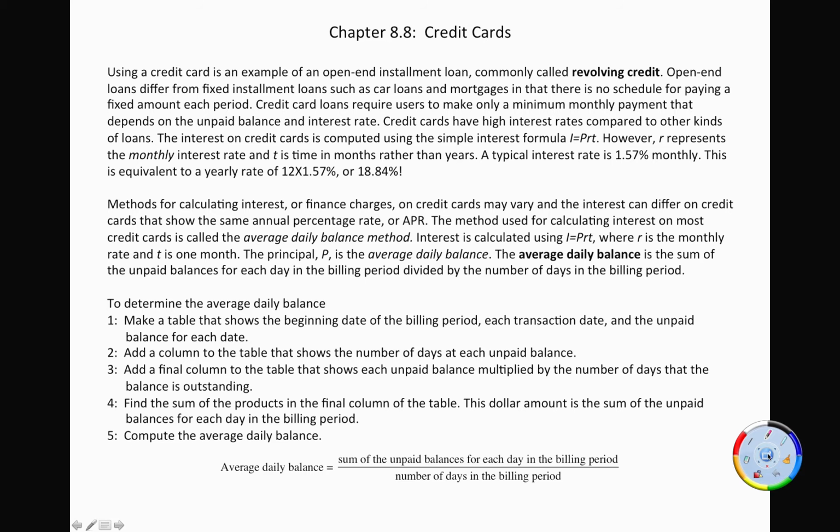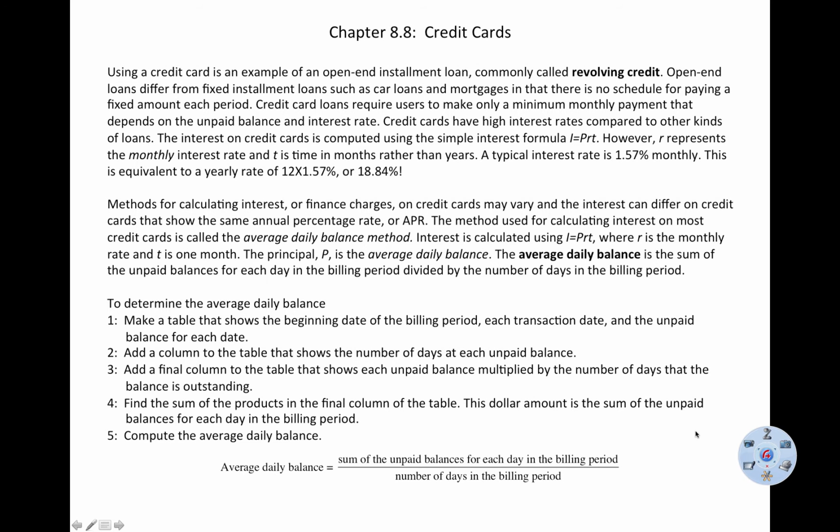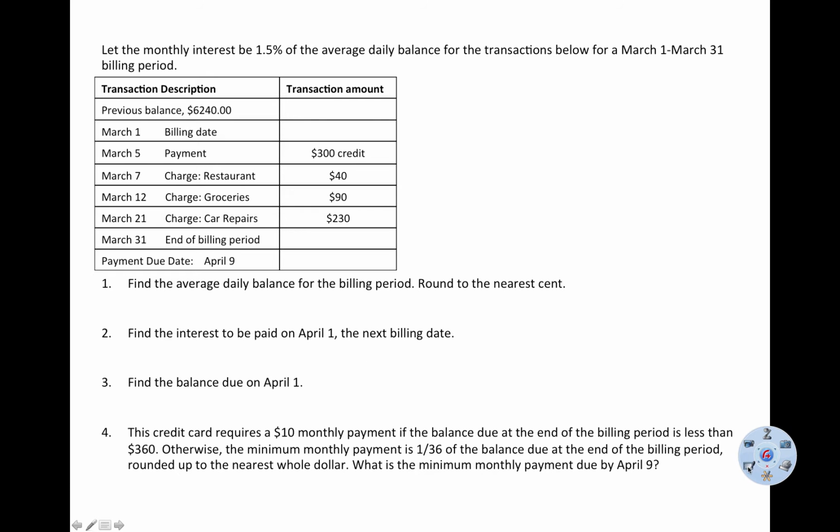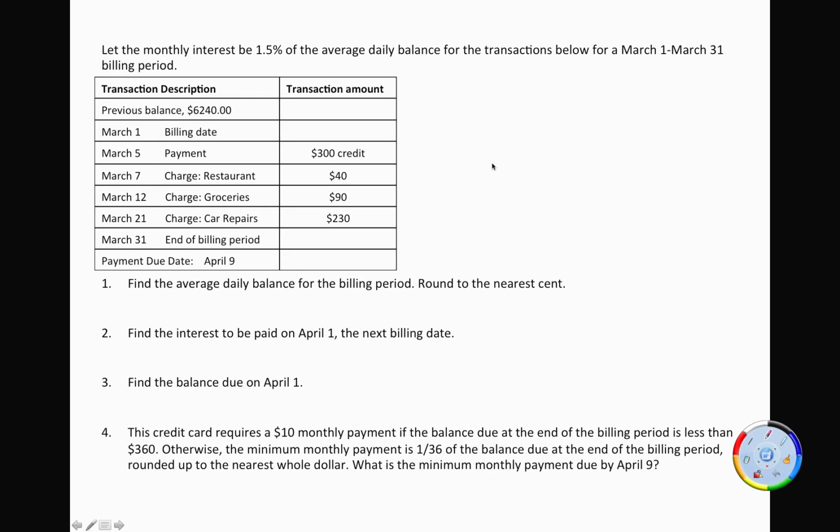All right, let's see if we can do that. So first of all, we have a monthly interest of 1.5% of the average daily balance for the transactions below for the March 1st to March 31st billing period. Okay, so it's got our table going for us, but we need to add some columns, remember?